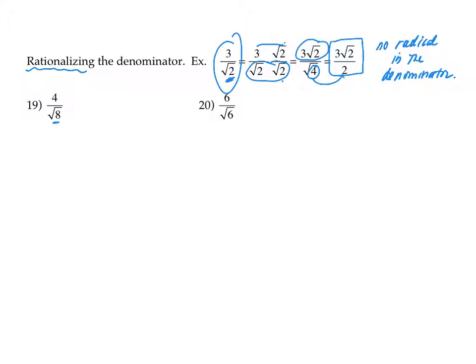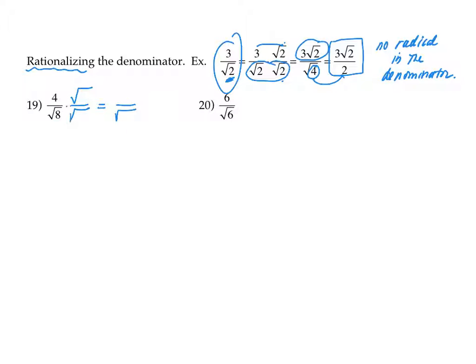Okay, so if you take a look at number 19, we have 4 over the square root of 8. We want to multiply the numerator and the denominator by a number that will make this a perfect square down here. Now certainly I could multiply by the square root of 8 because that would make it the square root of 64, but I want to show you something a little different.